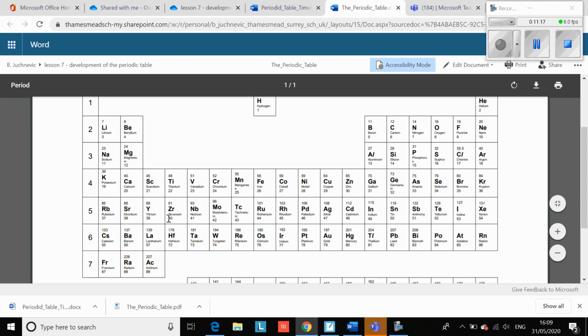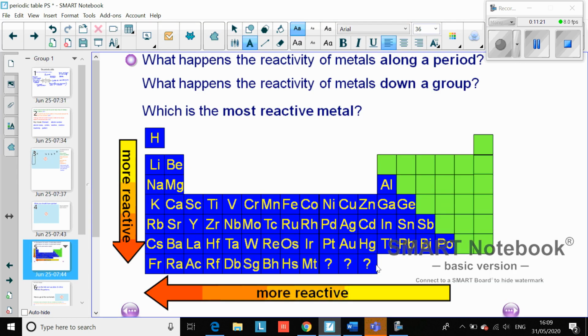But if you go backwards along the periods this way, they become more reactive. They also, with metals, get more reactive as you go down. So francium down here is the most reactive metal there is. In fact, there's probably only a few micrograms of this stuff in the Earth's crust, and if you could concentrate it and put it all together and drop that in water, it would cause a very large explosion because it's so reactive.